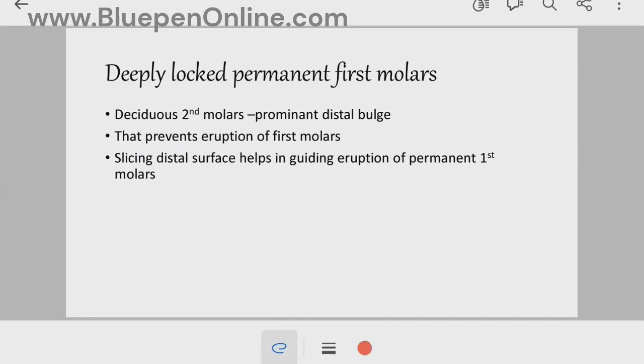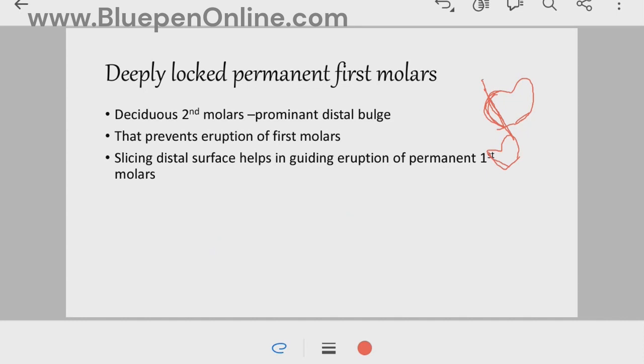Then deeply lobed permanent first molars. The deciduous second molars occasionally have a prominent distal bulge. This is the deciduous second molar. A distal bulge is prominent. If there is such a distal bulge, this will prevent the eruption of the coming first permanent molar.